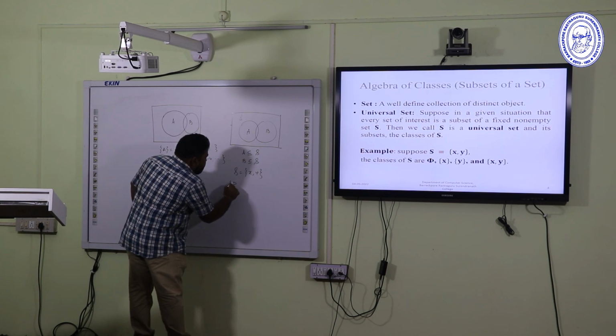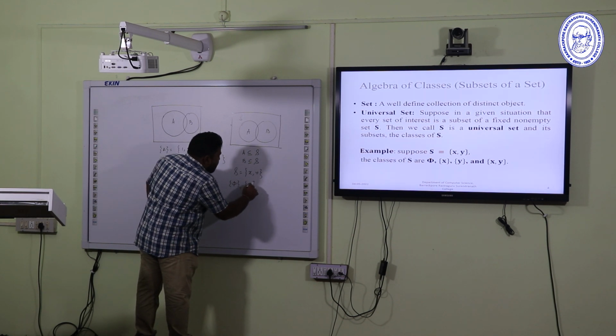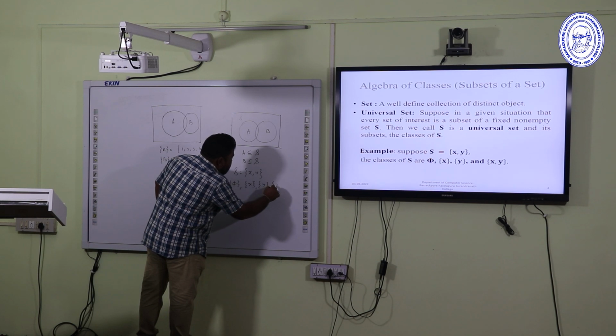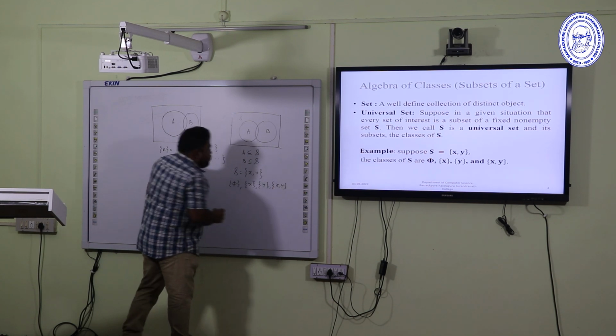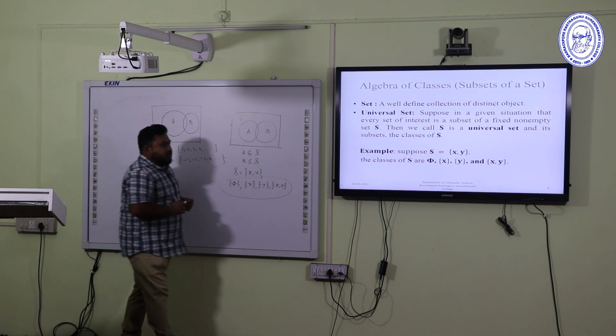Here there exist 4 components: phi, that is null, the single element X, the single element Y, and the set XY. Those are the components of the following set.